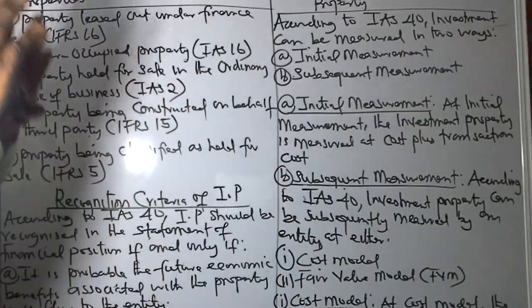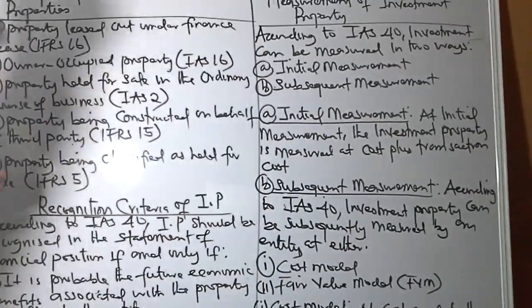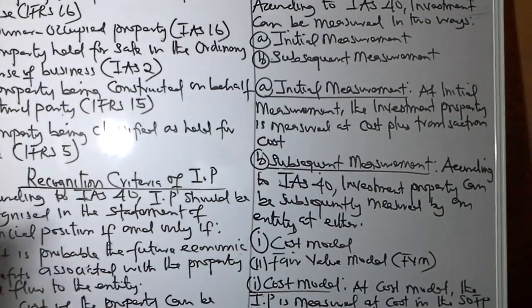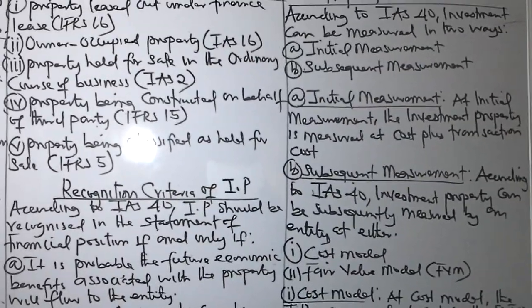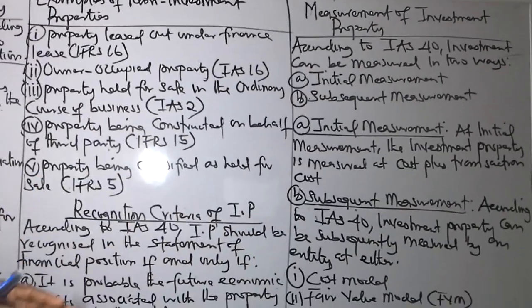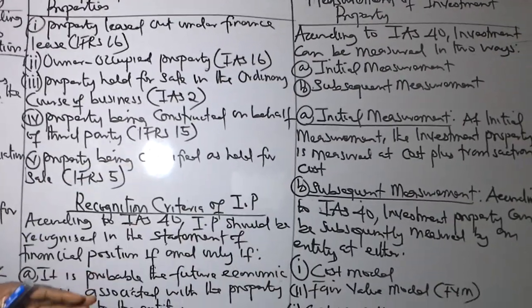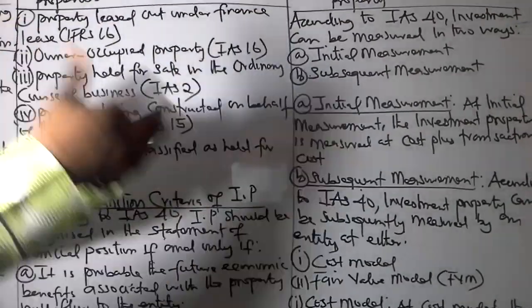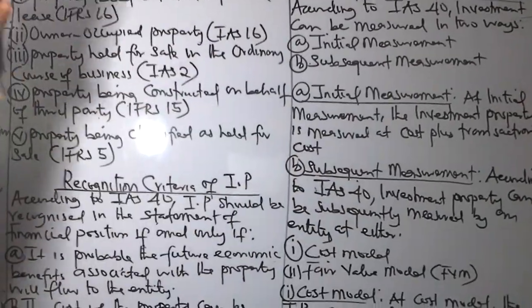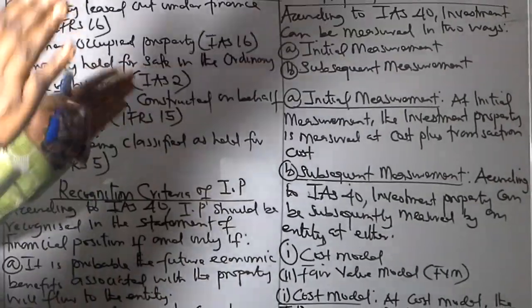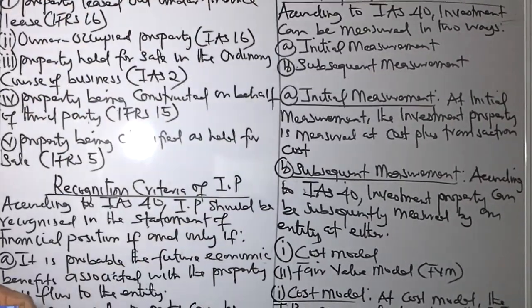Now, it could be purchased investment property or self-constructed investment property. So it depends on the angle from which it is being examined. If it is a purchased one, look at the cost of purchase and every directly attributable cost that is incurred to purchase that property.